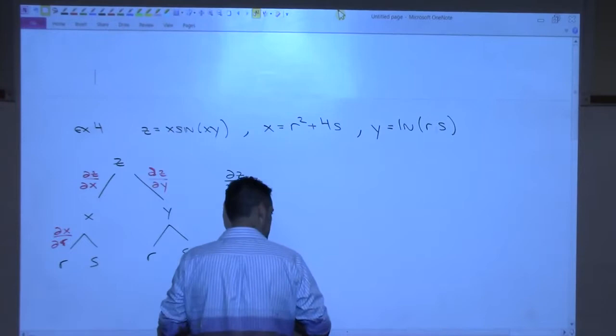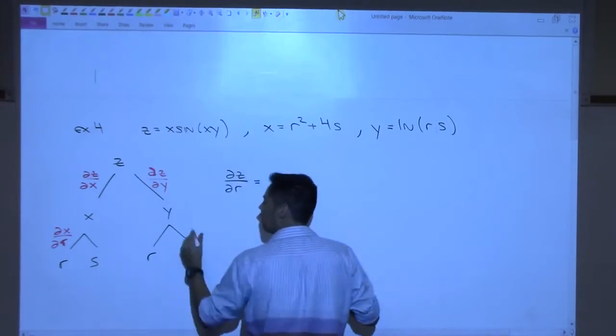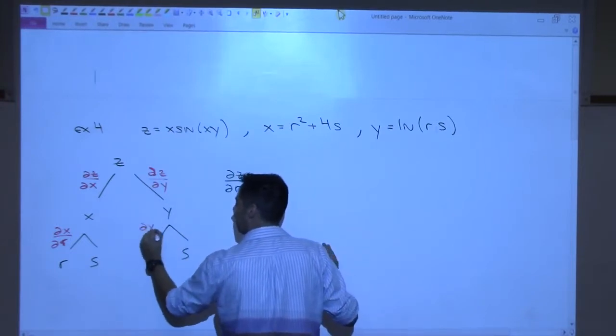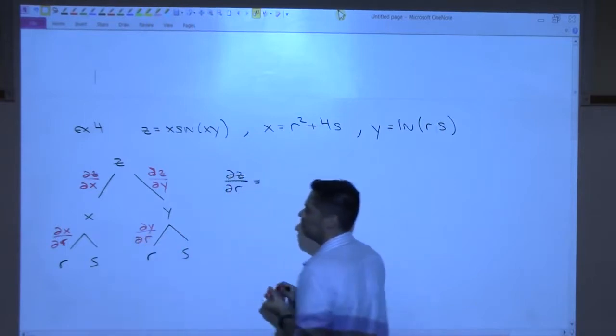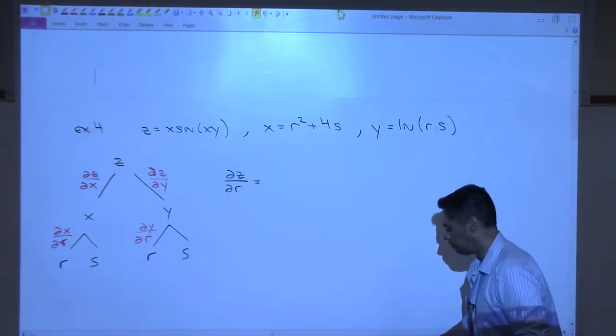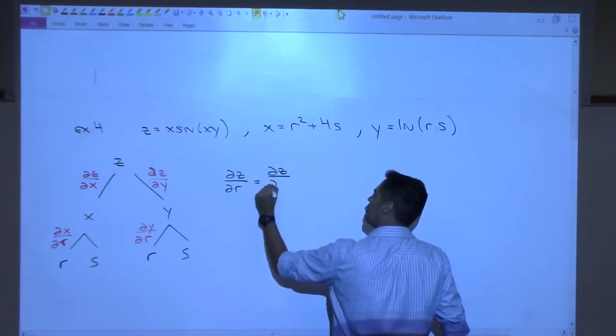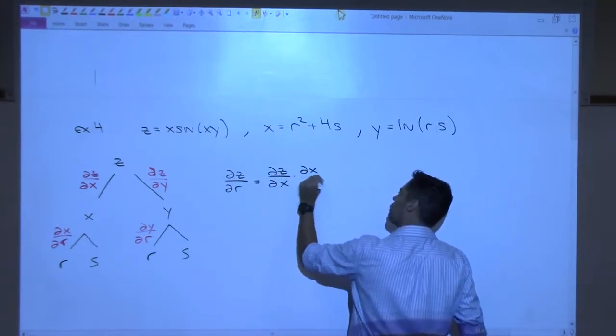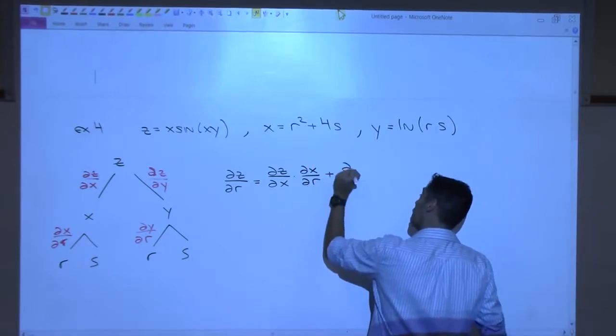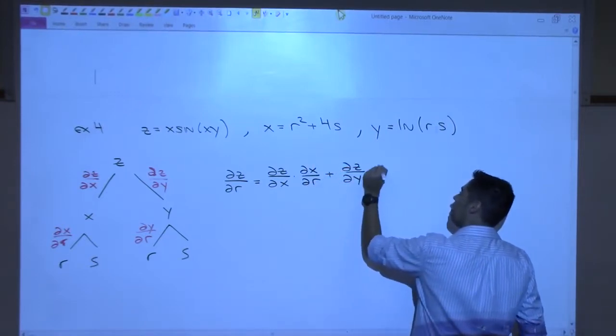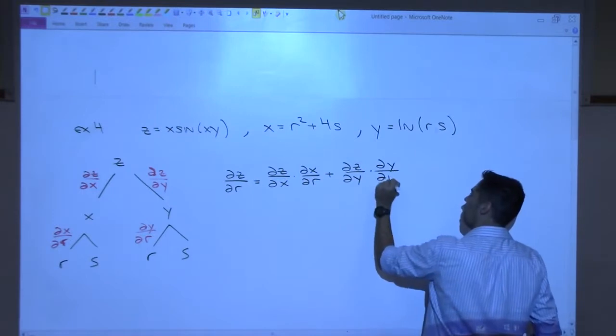That's a terrible marker. And then partial y with respect to r. So this is partial z with respect to x times partial x with respect to r plus partial z with respect to y times partial y with respect to r.